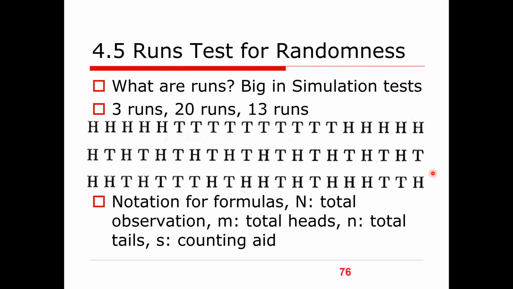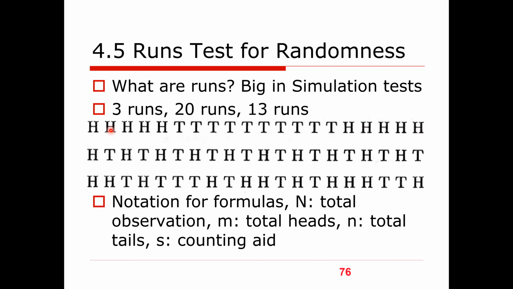So we introduce a notion, runs. For example, in the first sample here, we have 3 runs. The first 5 H is 1 run, then the next 10 tails is the second run, then the last 5 H is the third run.